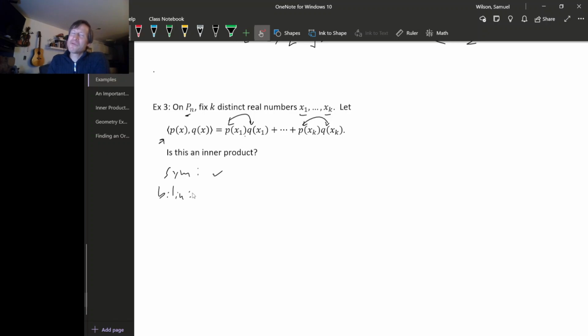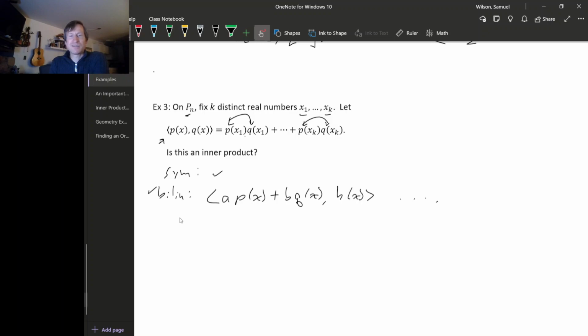So this time I won't write out the proof of being bilinear, but you can convince yourself that it is if you just write out what this whole mess is, a times p of x plus b times q of x, inner product with some other polynomial h of x. You can run through the proof exactly like I did in the previous examples and group things accordingly, and you'll see that it is bilinear.